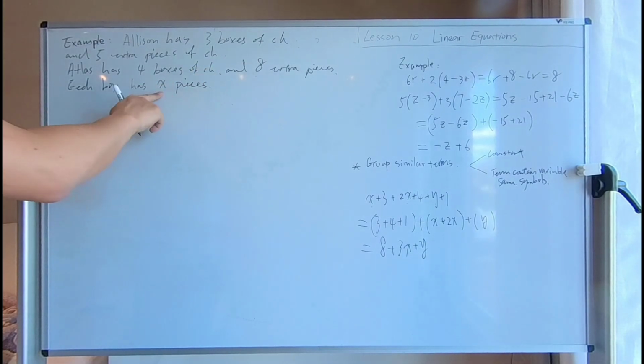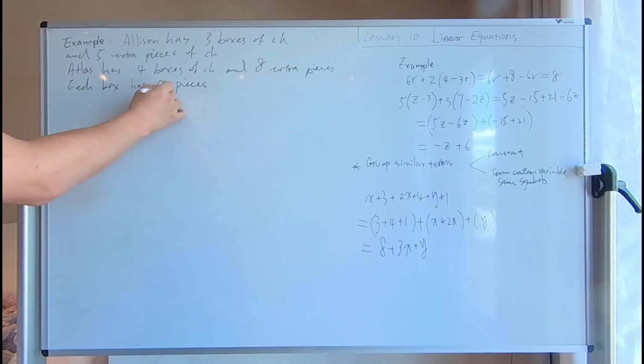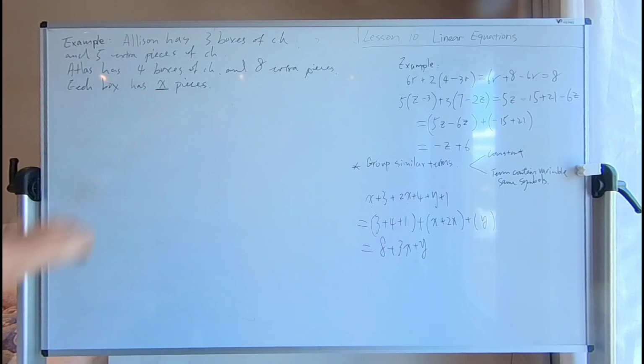So I don't know this number yet, but at least I know every box has the same number of chocolates inside it. I know they are the same number, I just don't know how many exactly, but then I can use one single symbol or one single variable to represent the number of chocolates possibly contained in one box.